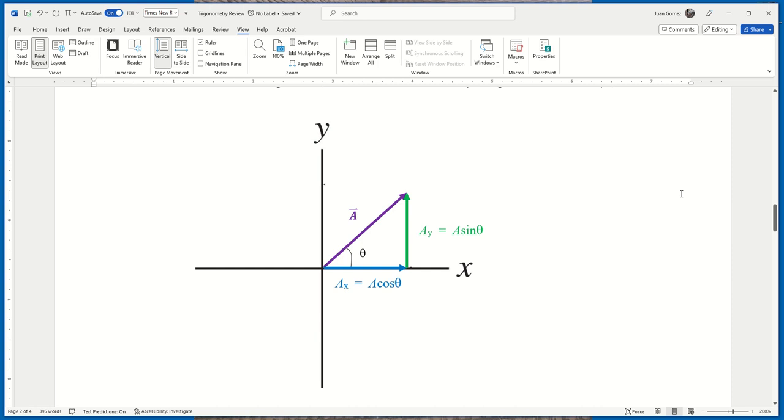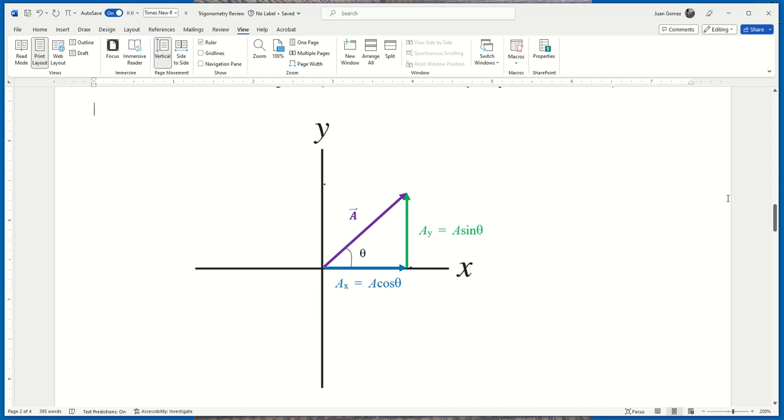And so we have, remember, the trig functions: sine theta, cosine theta, tan theta. Well, just using the basic trig, the sine of theta is the opposite over the hypotenuse. So the sine of theta is AY over A, opposite over hypotenuse, i.e., AY is just A sine theta, where A is the magnitude of the vector, and sine of theta is the sine of the angle theta.